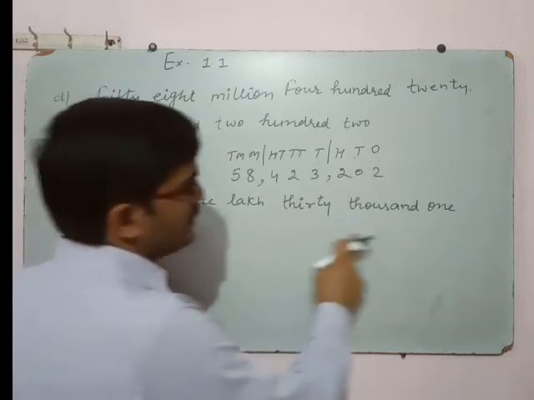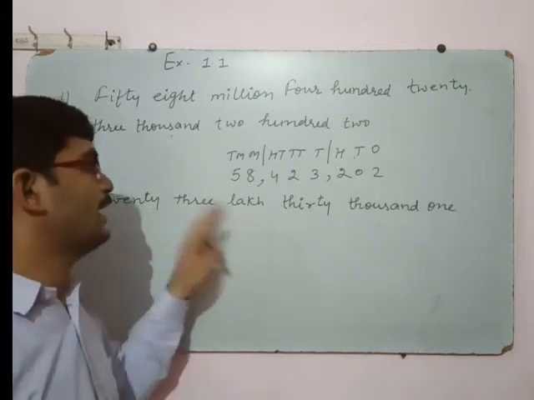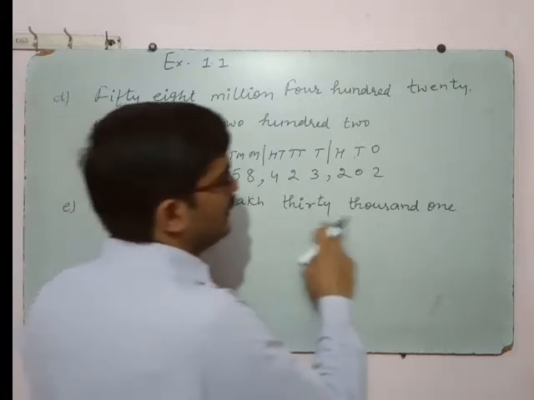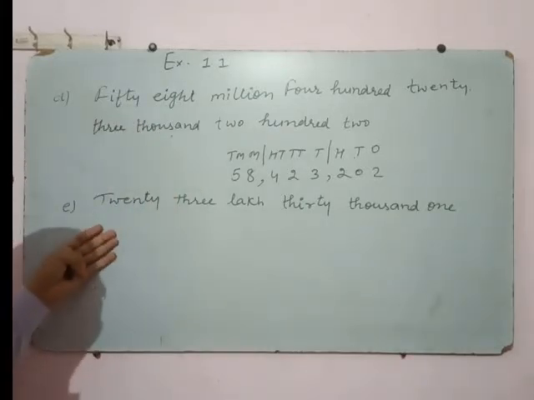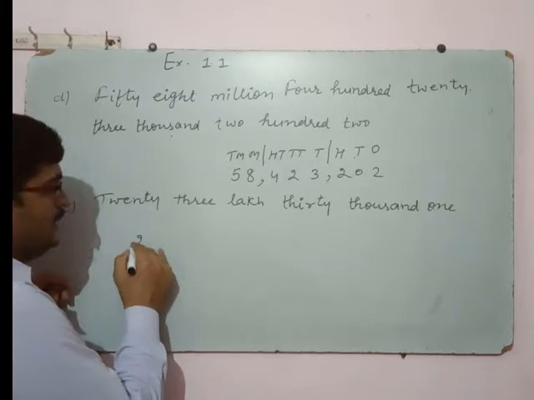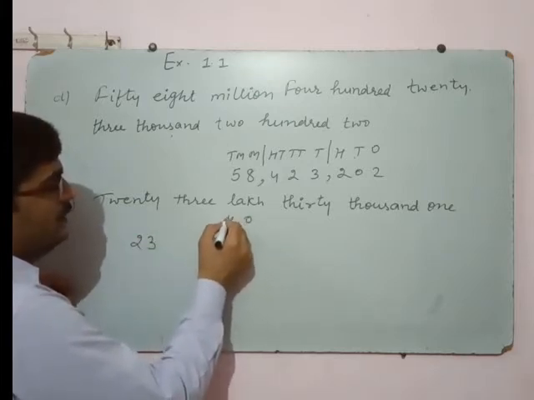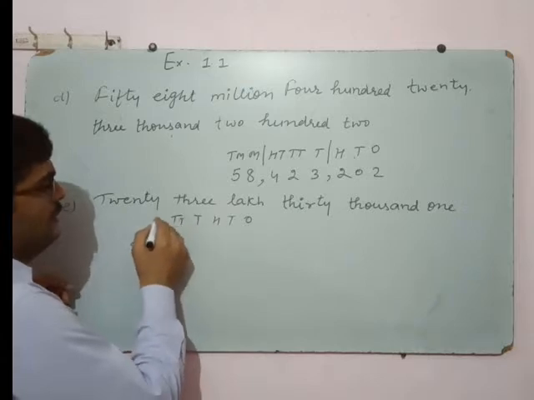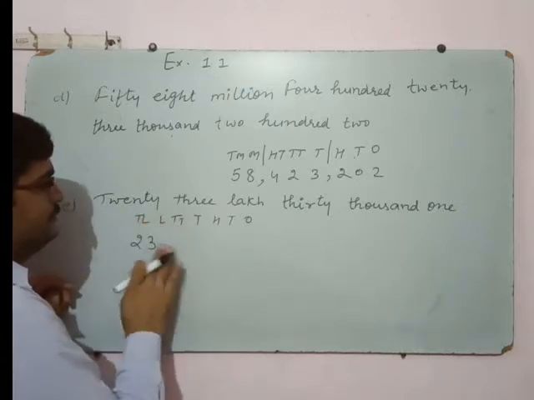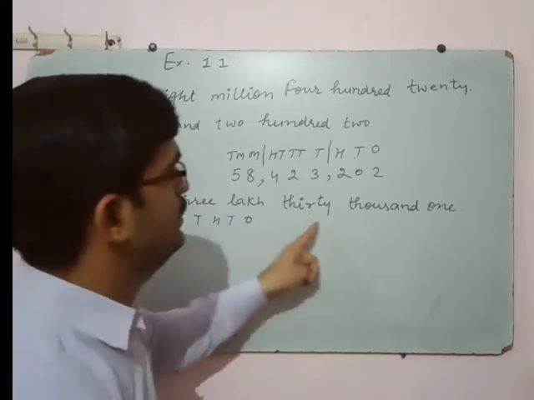This is also the international system. 23 lakh 30,001. We can say, or we can write it in the Indian system also. 23 lakh 30,001. Ones, tens, hundred, thousand, 10,000, lakh and 10 lakh.